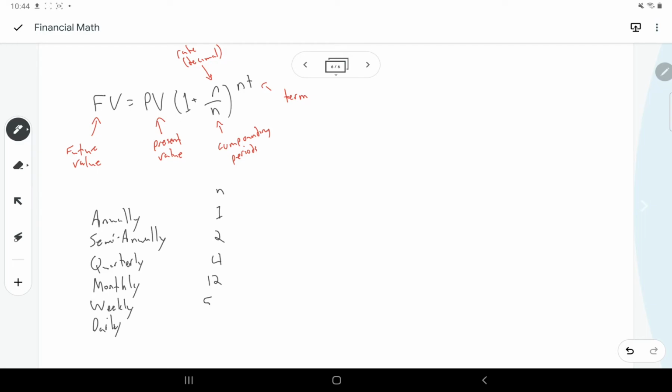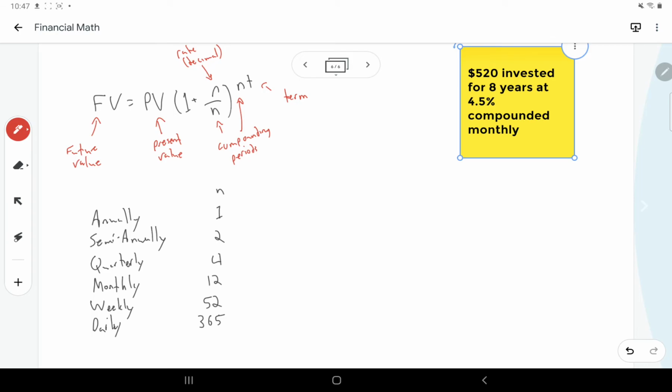Weekly, there are 52 weeks in a year, and daily, 365 days in a year. Okay? So our compounding periods will be part of our formula in 2 places. I should probably draw an arrow there.